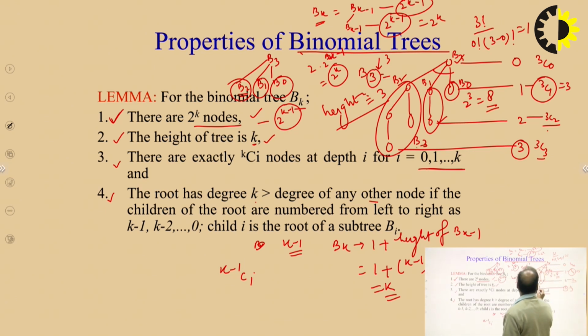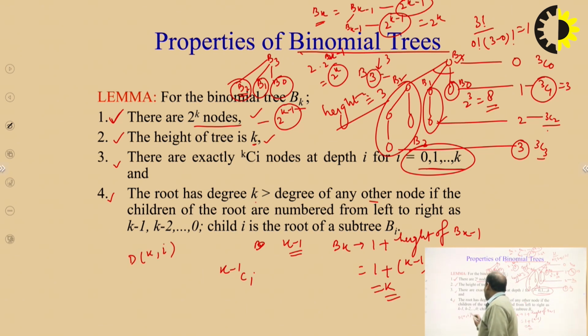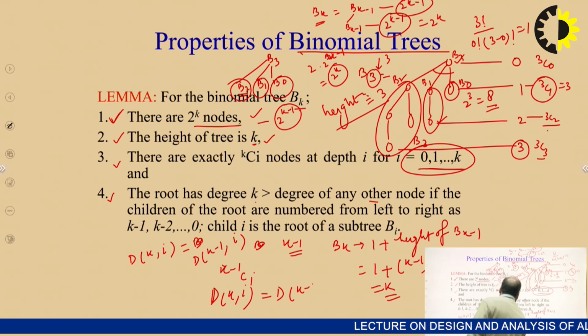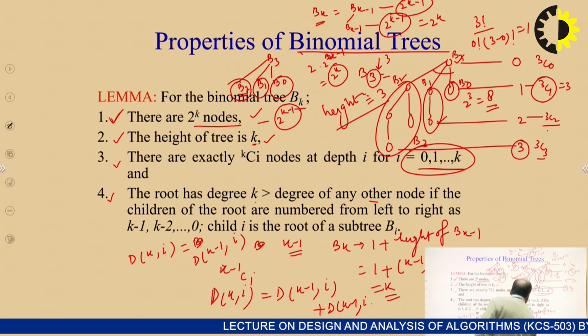If we assume that Dk,i is the total number of nodes at depth i, then the number of nodes at the ith level is Dk minus 1 at the ith level plus Dk minus 1 at the i minus 1 level.